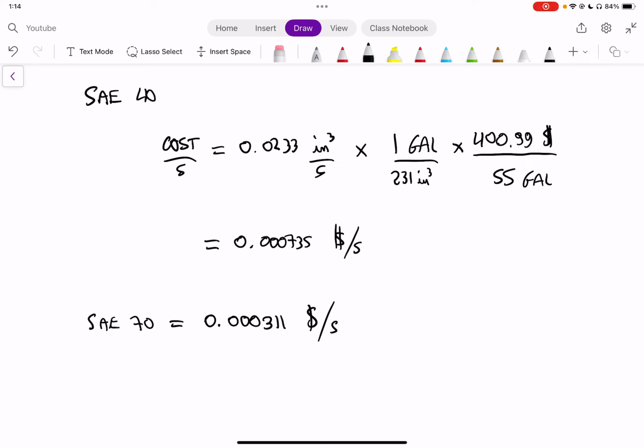So we can see that the clear economical solution is actually to use SAE 70. And that concludes this module, as well as this example problem and this part of the lecture. It concludes module 4 completely, to be ready for an exam on module 3 and module 4.